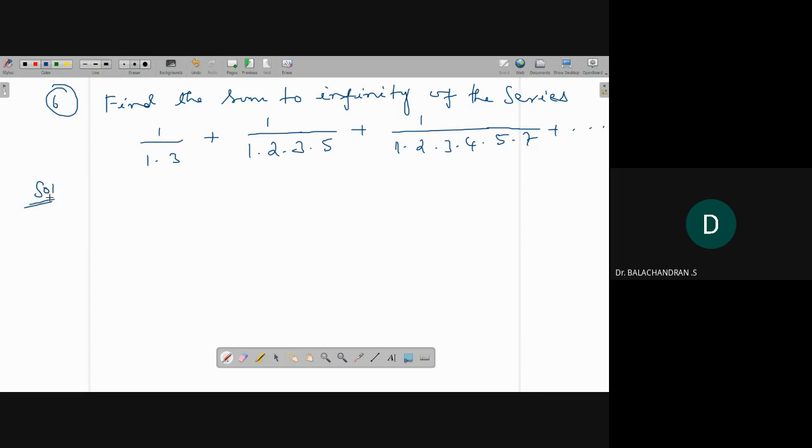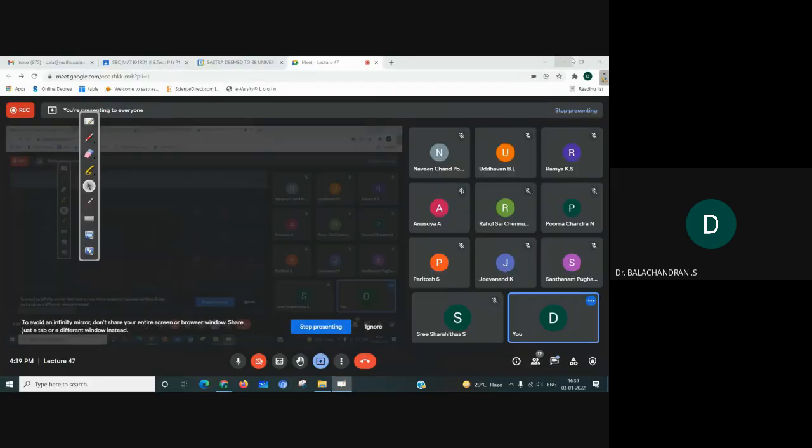But the denominator is not in the form of factorial. How to solve this problem? What is the first step? Any idea?